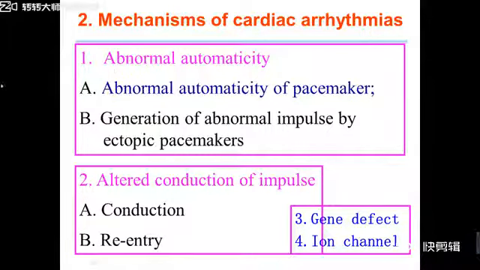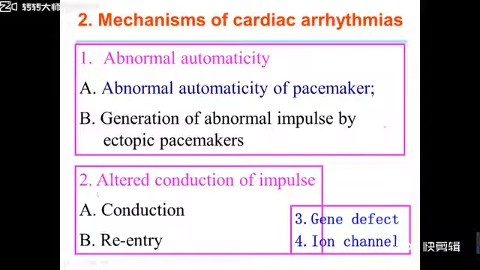Abnormal formation of impulse means abnormal automaticity of the pacemaker. We know the normal pacemaker is the sinus node. So if there is an abnormal pacemaker in the atrium or ventricle, it will induce arrhythmias. Generation of abnormal impulses by ectopic pacemakers can induce arrhythmias.